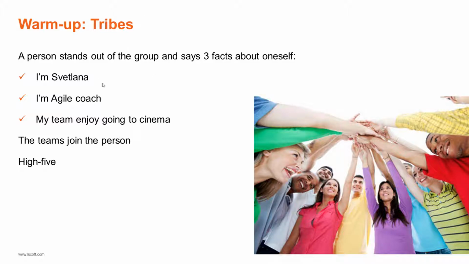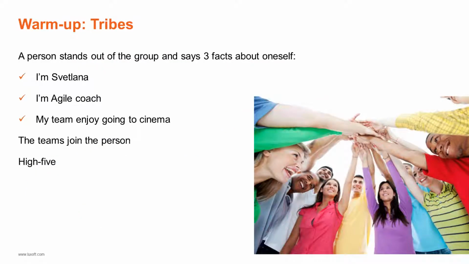These people come to this person who is standing out of the group and give him a high five, and then another person comes out of the group and says again, hi, I'm Svetlana, I'm an Agile coach, and my team and I personally enjoy going to the cinema. So people who enjoy going to the cinema come to me, we make a high five, and then the next person comes. In such a way, people get introduced to one another in a gameful format.